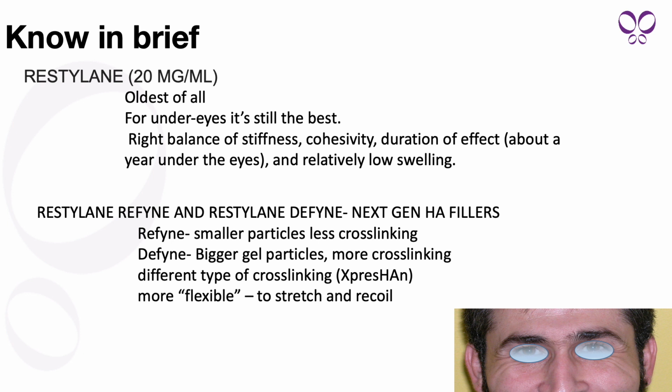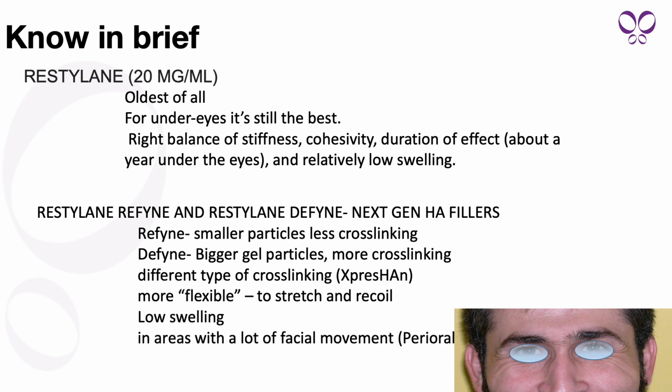It's more flexible to stretch and recoil, and it has low swelling. Therefore it can also be used in areas with a lot of facial movement, like periorbital wrinkles and perioral wrinkles. So it is considered to myomodulate the muscle. If you use fillers in this area, the smile lines become less. Same thing with perioral rejuvenation.